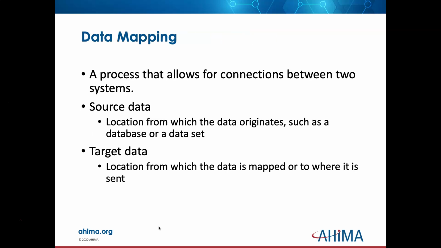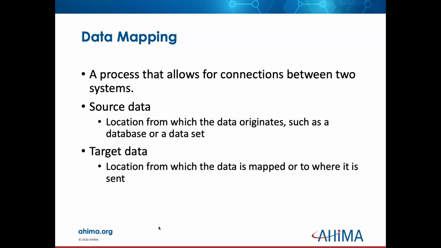Data mapping. This allows for connections between two systems. This is when you have source data and you then are mapping it to target data. A lot of times you'll see data mapping take place if let's say your healthcare organization has a Cerner EHR and someone has decided that you're going to transition from Cerner to Epic.